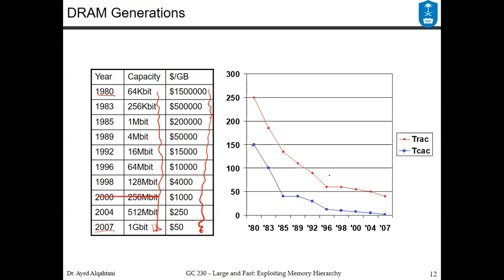So in 2007, it's really low. It's under $50. And this is also continuing to get lower and lower. The cost is getting lower per gigabyte with the coming years.